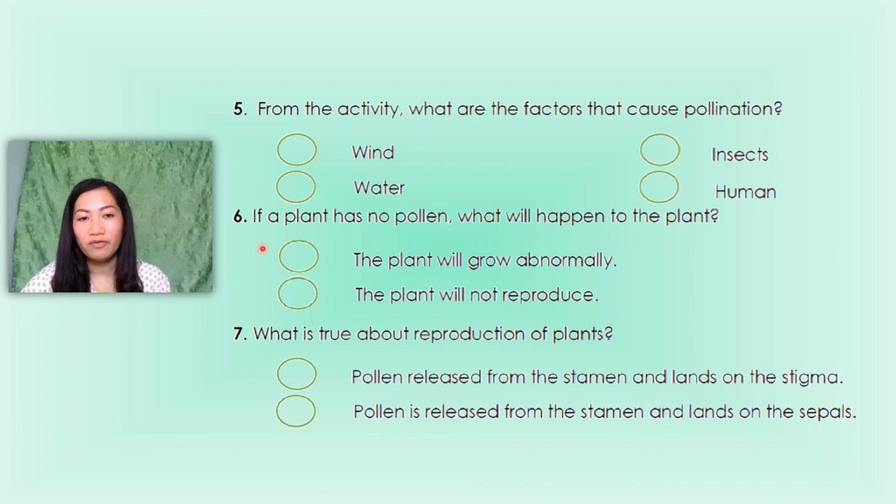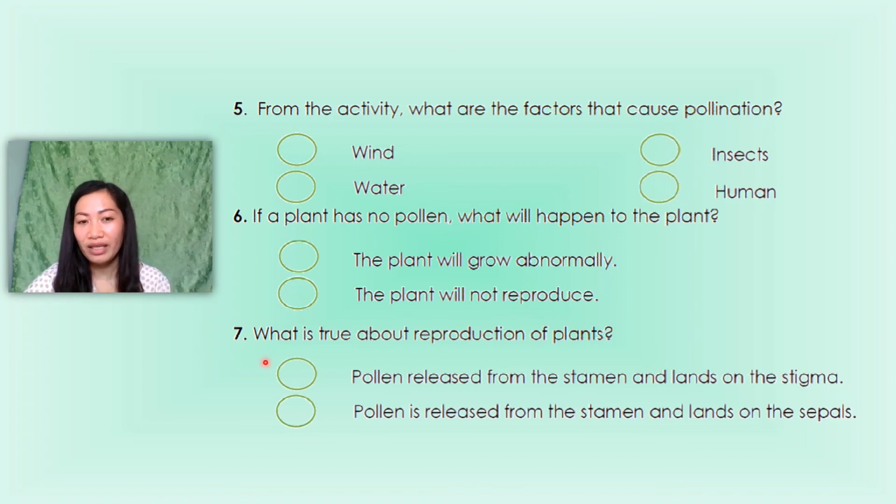For number 6, if a plant has no pollen grain, what will happen to the plant? Remember, if there's no pollen, there is no pollination and there's no fertilization. So what will happen? The plant will grow abnormally, or the plant will not reproduce.